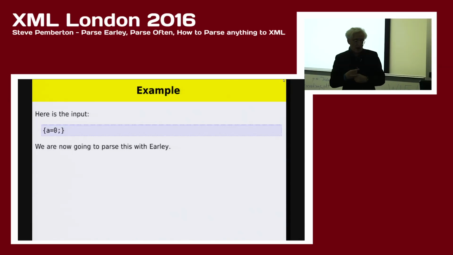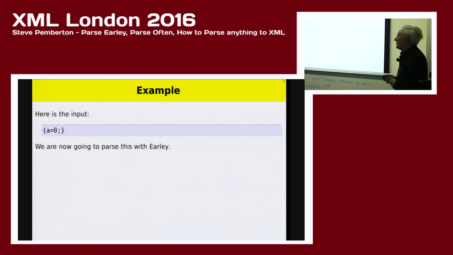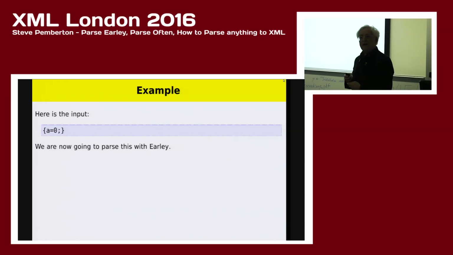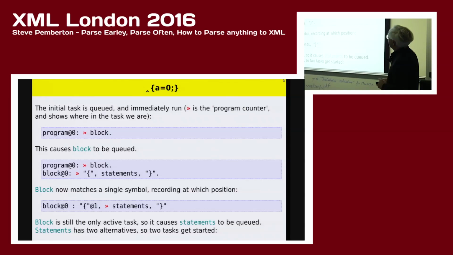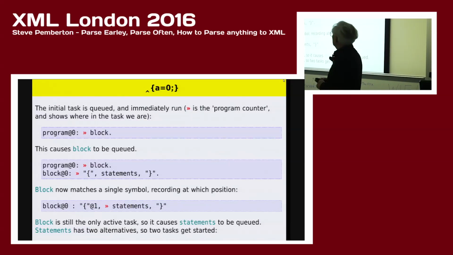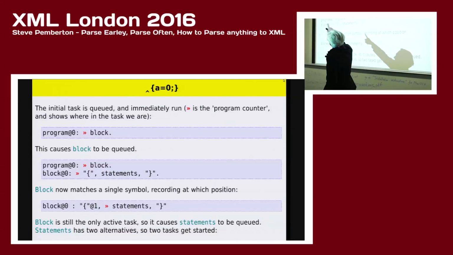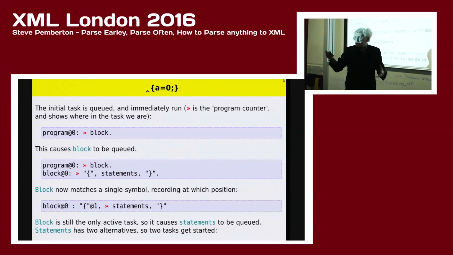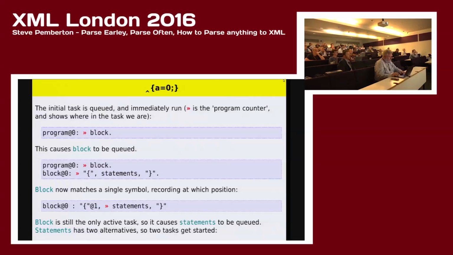So I don't have time to go through this example in detail, but I will just very quickly show you an example. Here's our input, and we're going to deal with this. So what happens is that a task gets started, program, it started at position 0. This red thing is its program counter, showing where in the process it is.